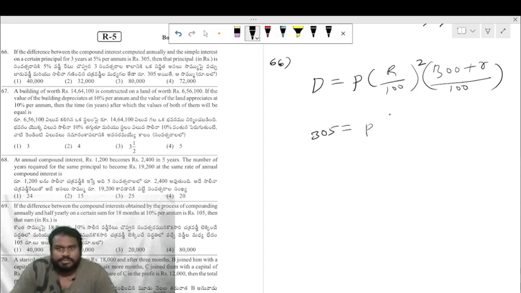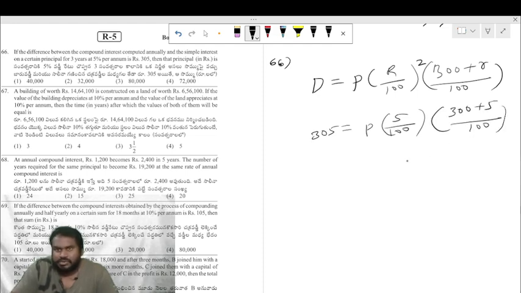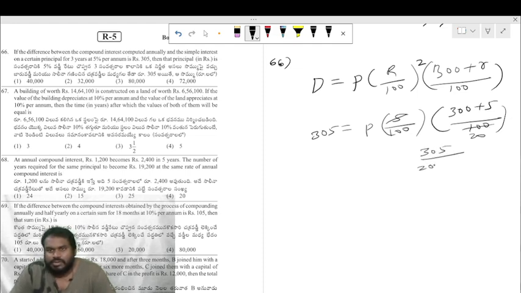Okay, you need to find P. Then r is 5 by 100, so 300 plus 5 by 100. I'll tell you what you have to do if you don't use the formula. 305 equals P times (5 by 100) squared times 305 by 100.